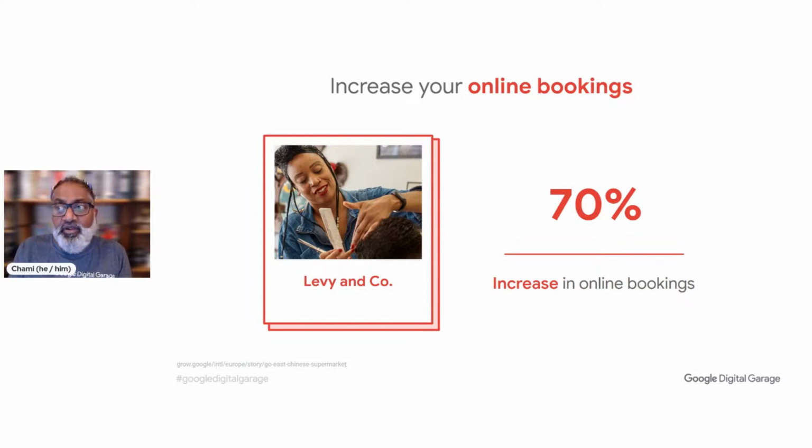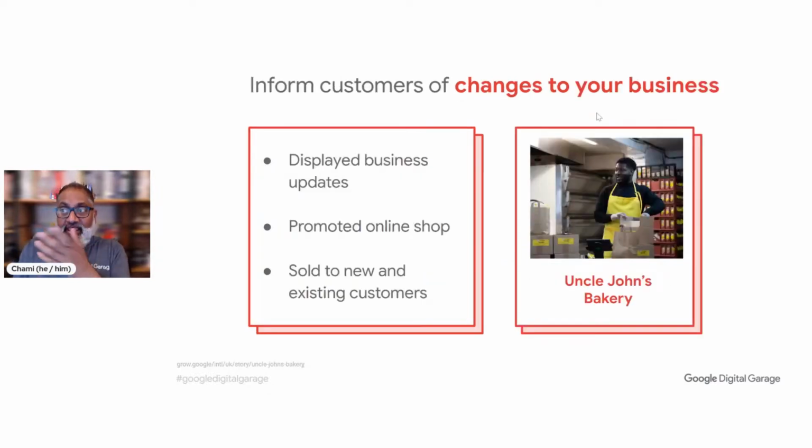Other things, for example, if you were a bakery shop or a food delivery place, if you had a place that you can pick it up from, a drive-through, those are all attributes that you can highlight. Here we have Uncle John's Bakery.